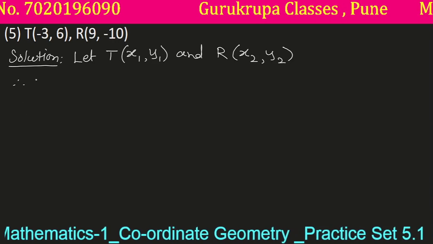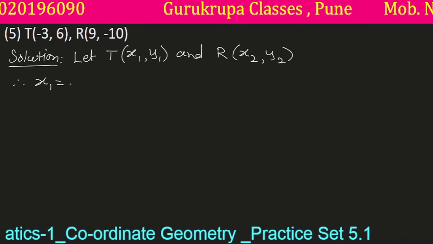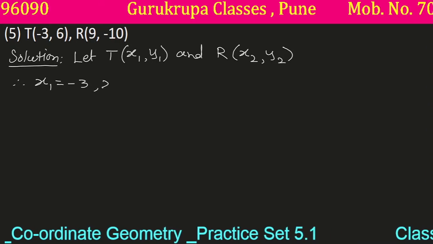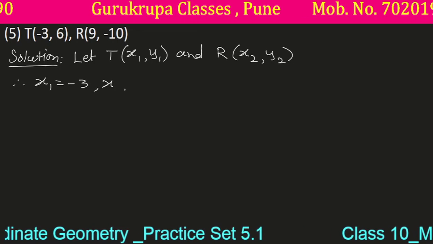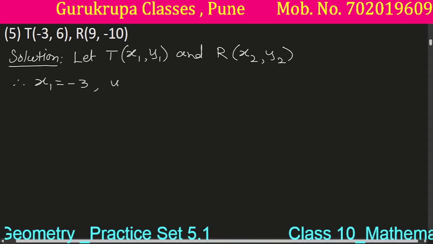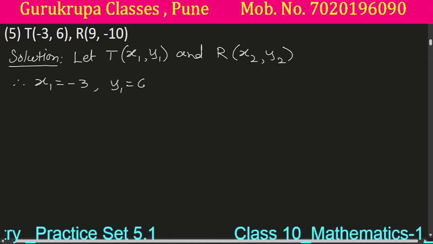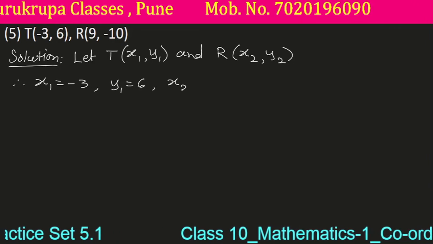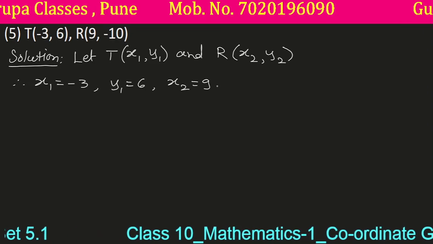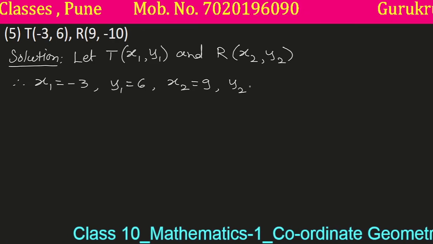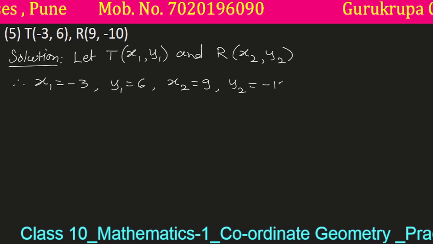So the value of x1 here is equal to minus 3, y1 is 6, then x2 is 9, and y2 is minus 10.